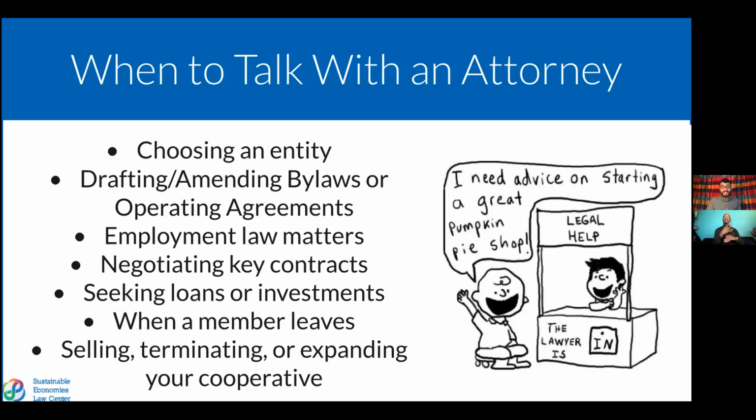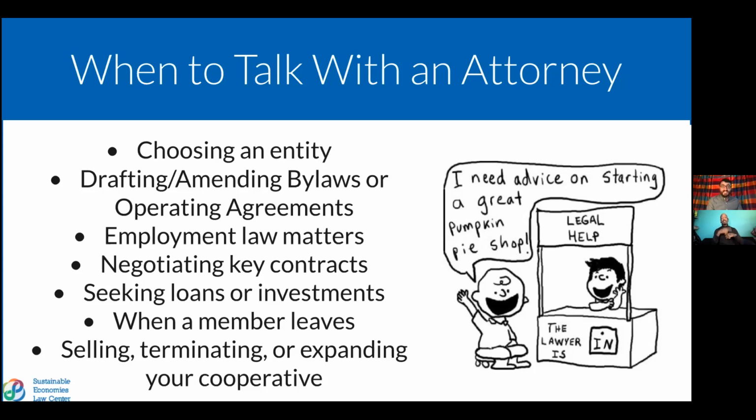When you're choosing an entity, when you're drafting or amending your bylaws or your operating agreement, and when there are employment law matters, those are areas where you want to talk to an attorney. Also when you're negotiating key contracts, or bringing in new partnerships or stakeholders. A lot of cooperatives want to have outside stakeholders sit on the board, and that's a good time to talk to an attorney about how to set that up.